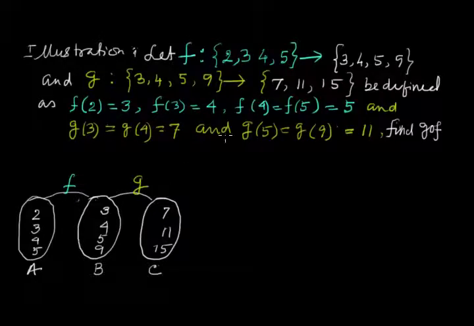Another function g is defined from 3, 4, 5, 9 to C, which contains 7, 11, 15. It is given that the image of f(2) is 3, the image of f(3) is 4, and the images of f(4) and f(5) are both 5.